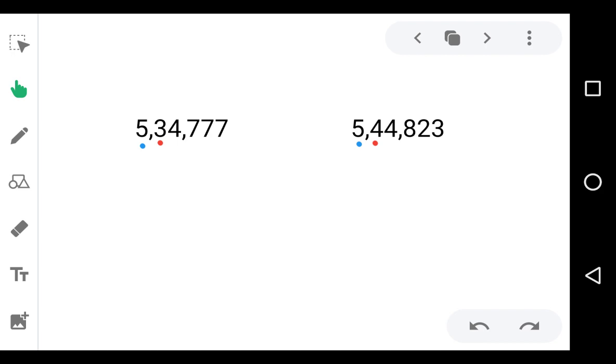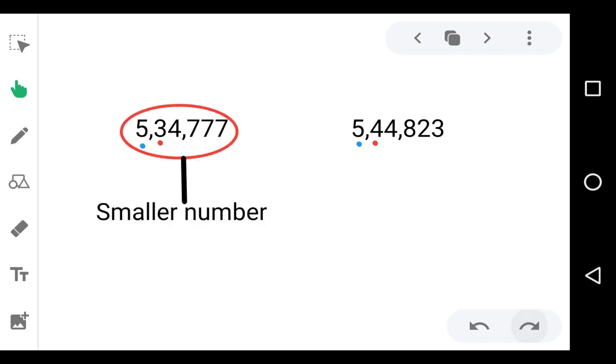So, this number is a smaller number, and here we use the sign smaller than. We read it as 5,34,777 smaller than 5,44,823.